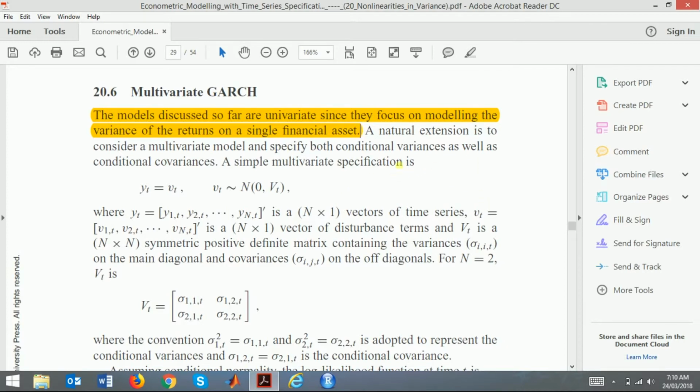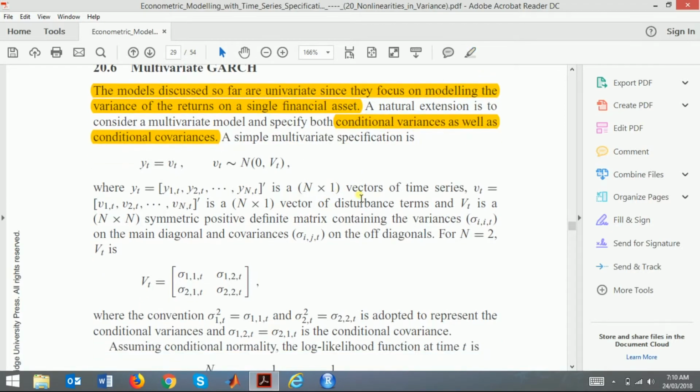A simple multivariate specification is, as we know, y equals epsilon, where y is the vector of many variables, and the transpose means they're in columns, in rows, an n by 1 vector of time series.